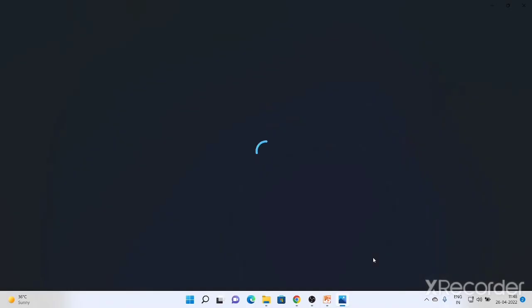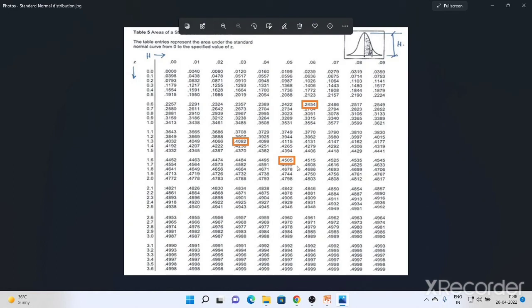In this normal distribution chart, we are going to find the closest value to 0.45. See here there is 0.4495 and here it is 0.4505. So we consider this value, 0.4505, the closest value.